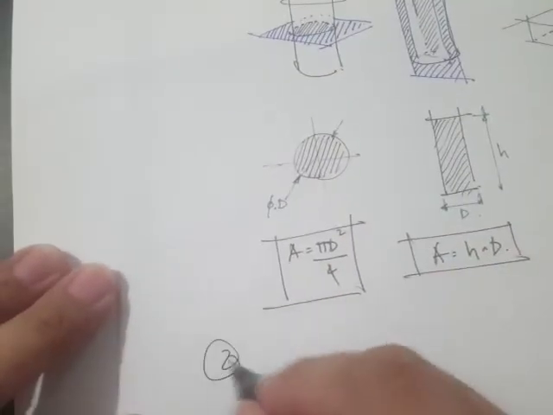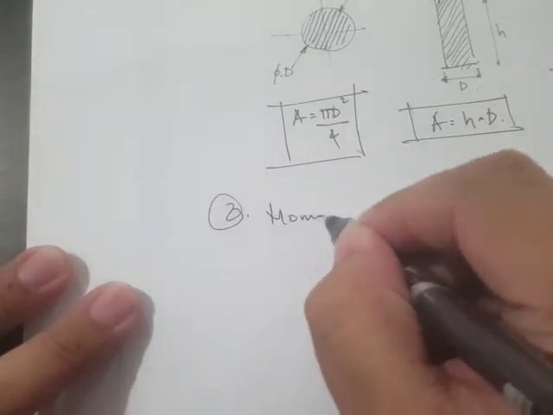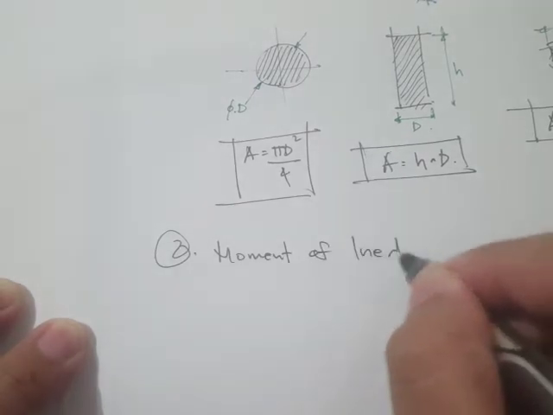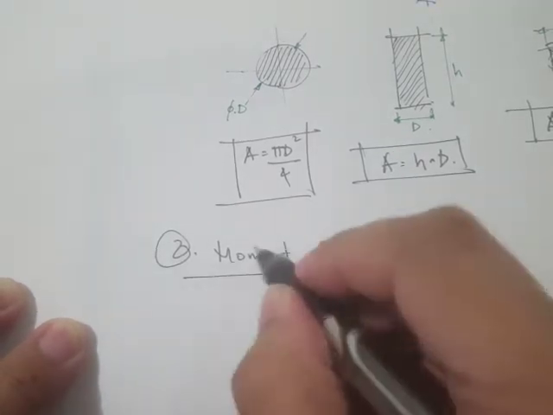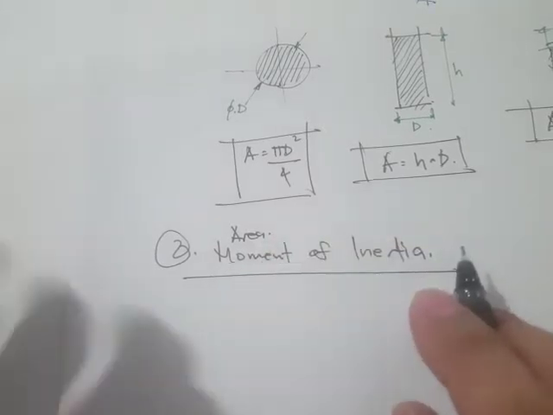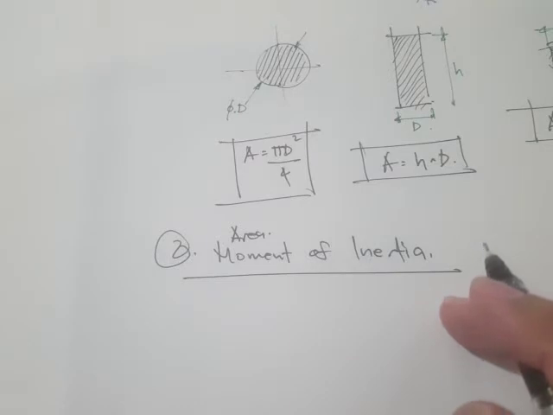Now let's move on to another geometric property, which is the moment of inertia. More specifically, we are referring to the area moment of inertia, because there's another concept of moment of inertia in dynamics, which includes the mass, and that's mass moment of inertia.